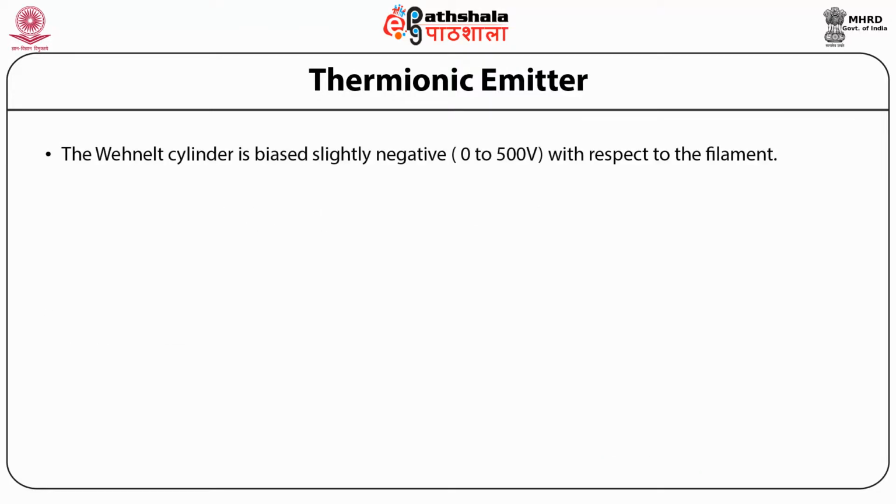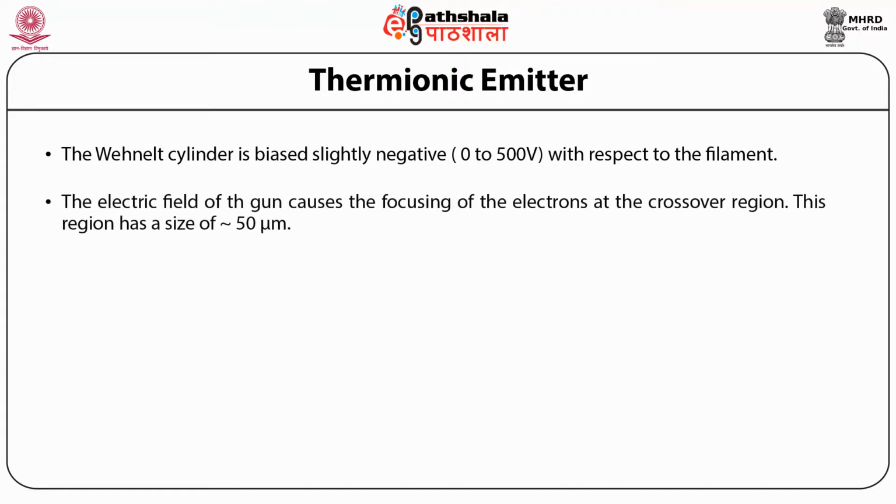The Wehnelt cylinder is biased slightly negative, from 0 to 500 volts, with respect to the filament. The electric field of the gun causes the focusing of the electrons at the crossover region. This region has a size of around 50 micrometers.